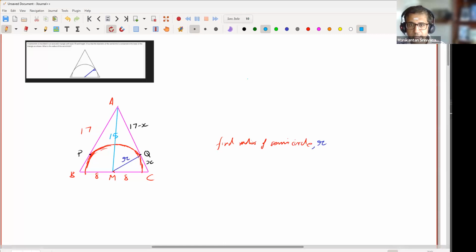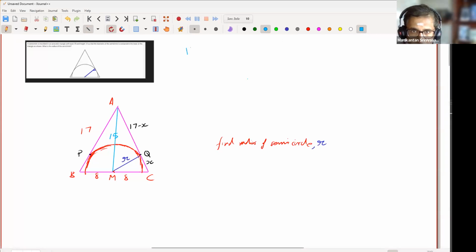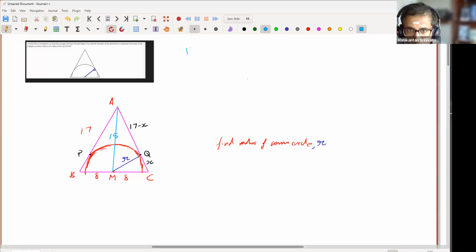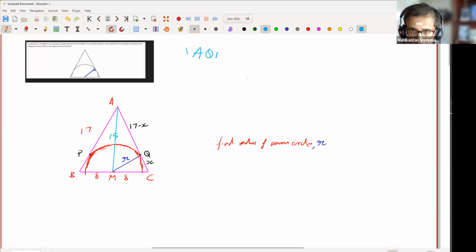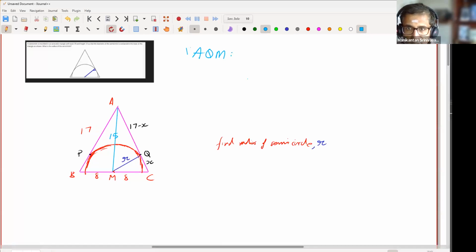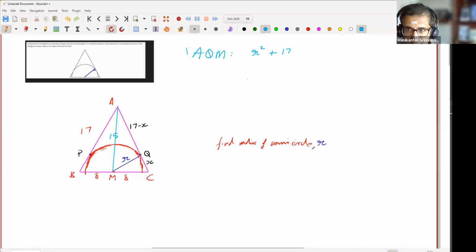Now we have two triangles. Which two triangles? The upper triangle AQM. In this, we can apply Pythagoras theorem. We can say R square plus (17 minus X) whole square equals 15 square.